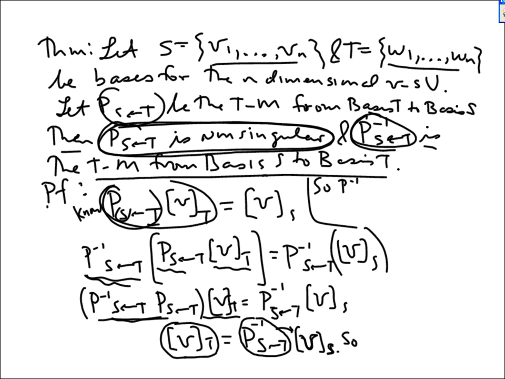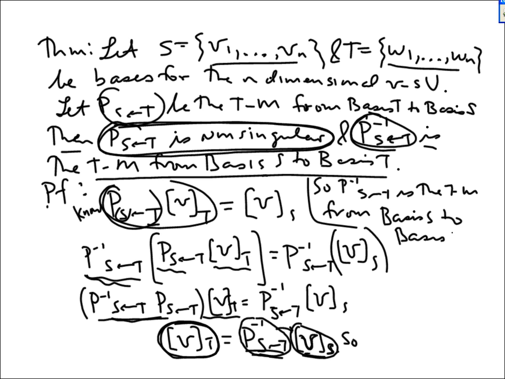P inverse S from T is the transition matrix: I take that matrix and multiply it by the coordinates of a vector with respect to basis S, and when I multiply these two, I get the coordinates of V with respect to basis T. So yes, this matrix goes as an inverse, and an inverse goes back. It's fun, right?